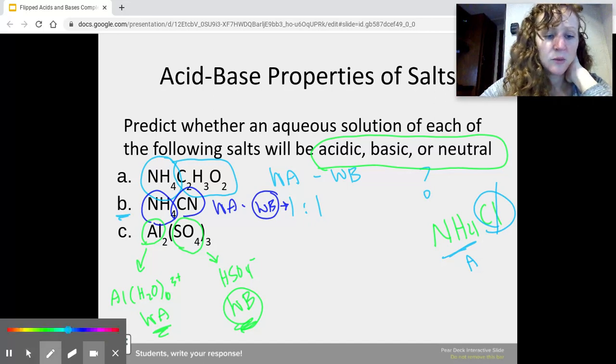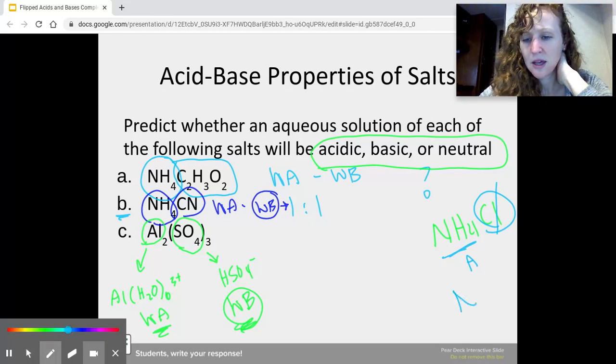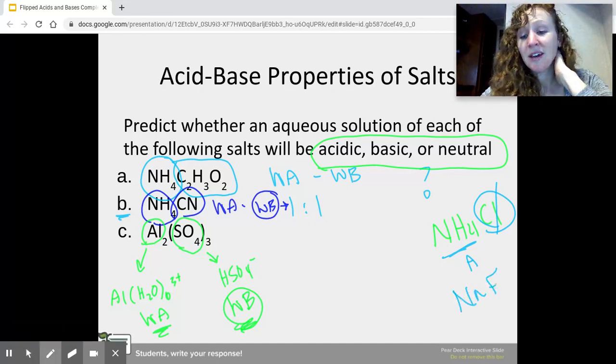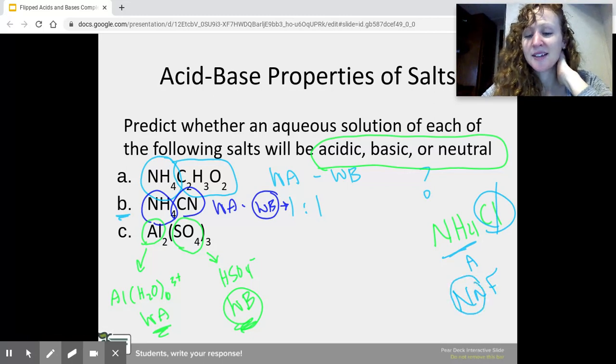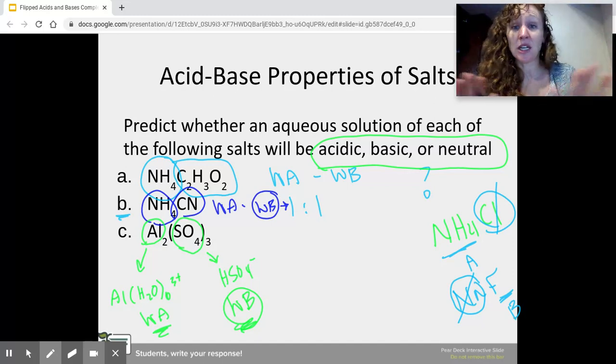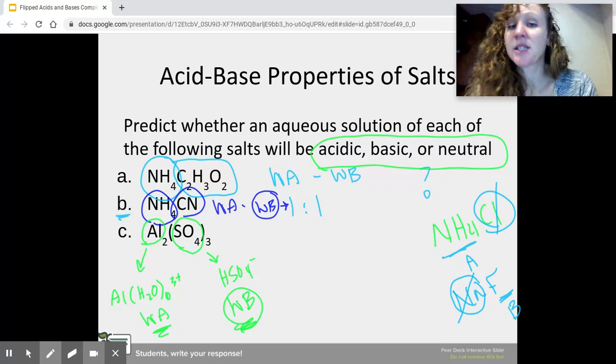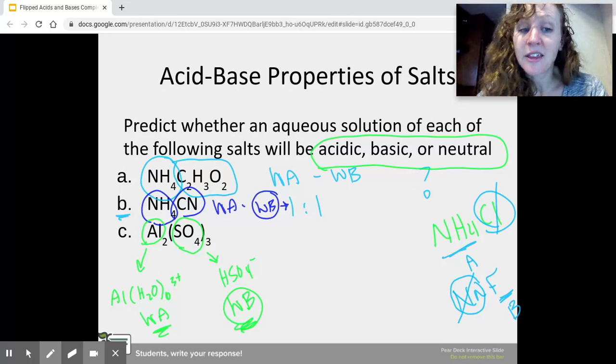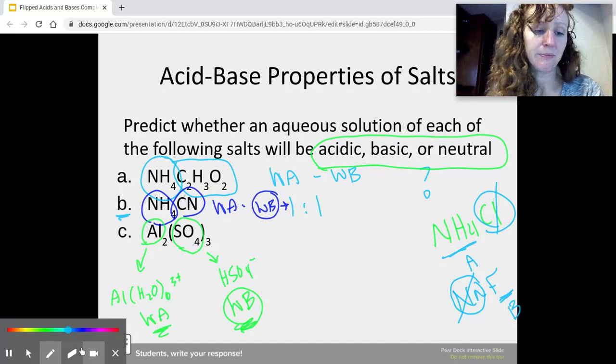I think it was NaF. So again, since Na+ is the conjugate of something very strong, it becomes a useless acid, and then your solution is going to be basic for sure. So when one of the ions is the conjugate of something very strong and you can negate it completely, then you can say for sure whether something's going to be acidic or basic. In these other cases, you would have to compare the Ks in order to make that claim.